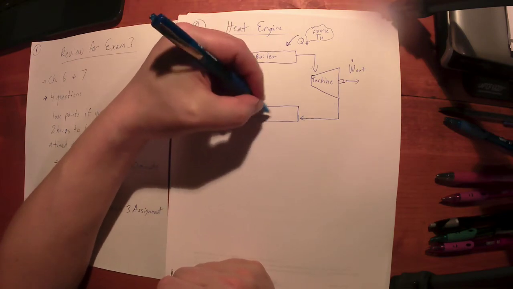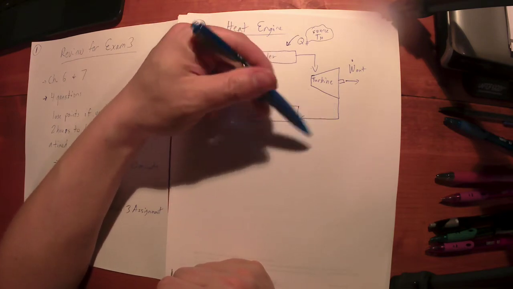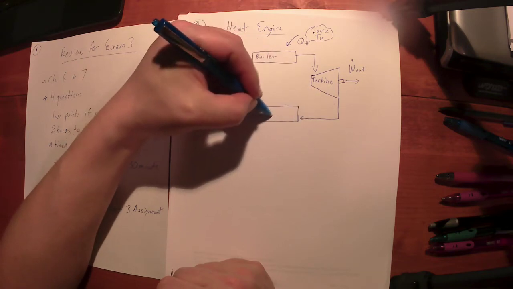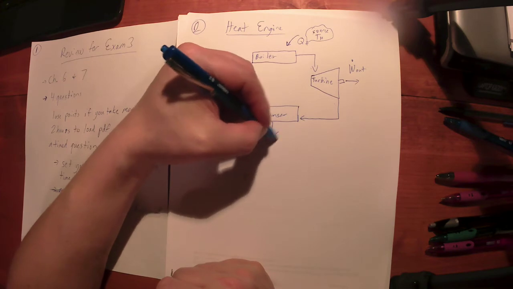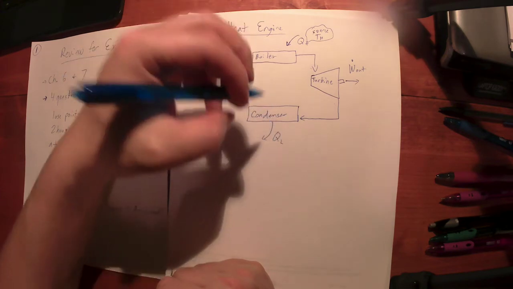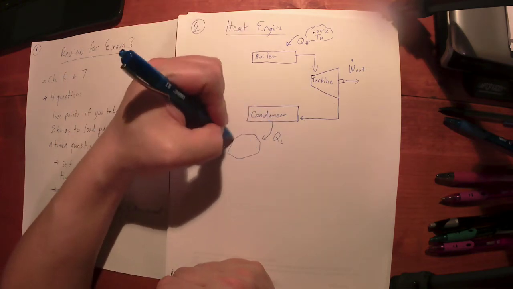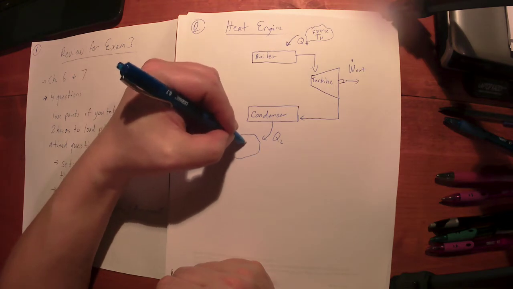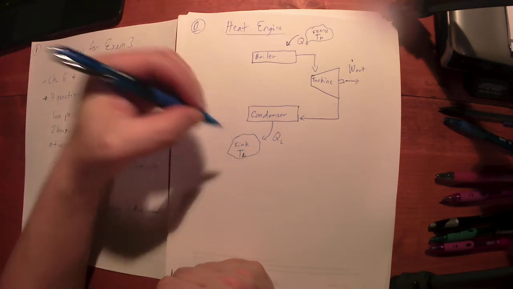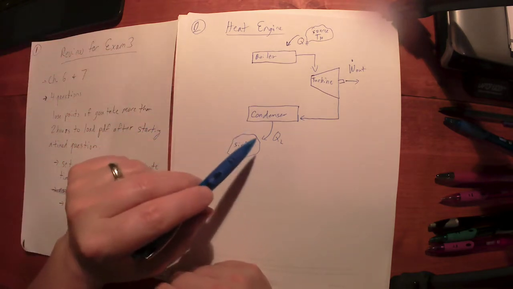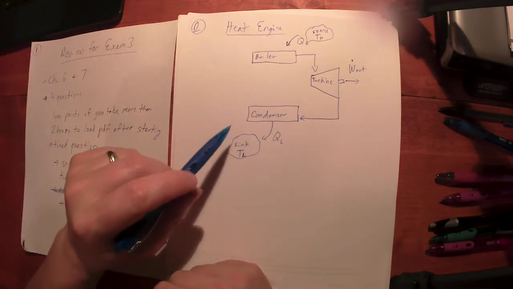And then you're going to run this saturated mixture into a condenser. The condenser is going to reject low temperature heat to a low temperature sink of some kind, right? So some body of water or the atmosphere that can absorb heat and not notice a significant change.